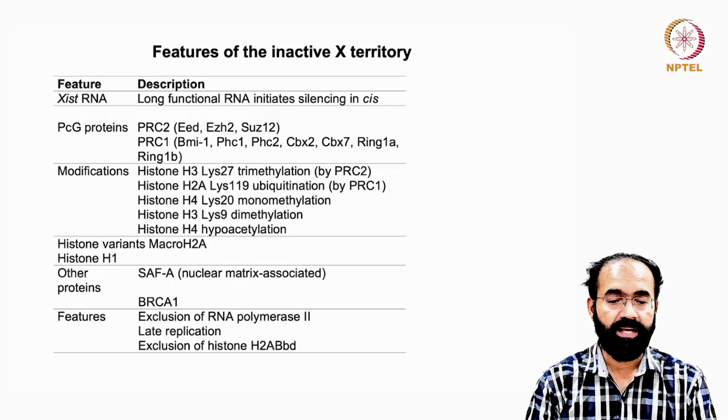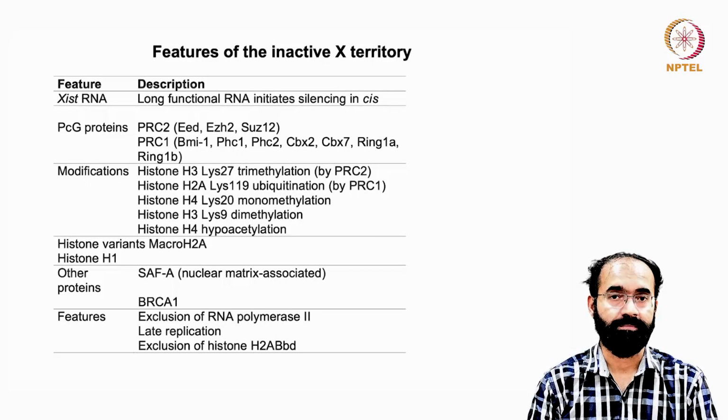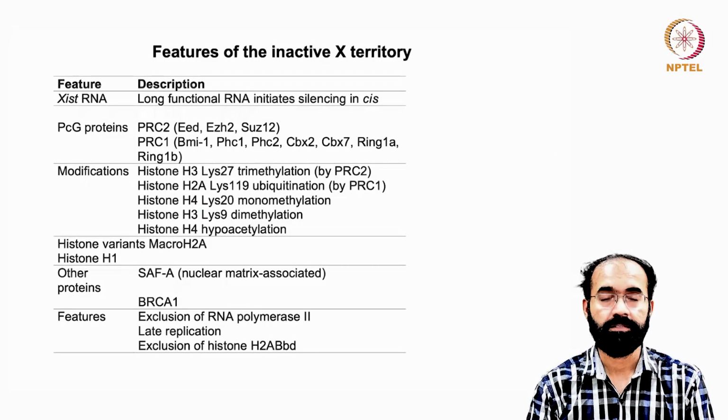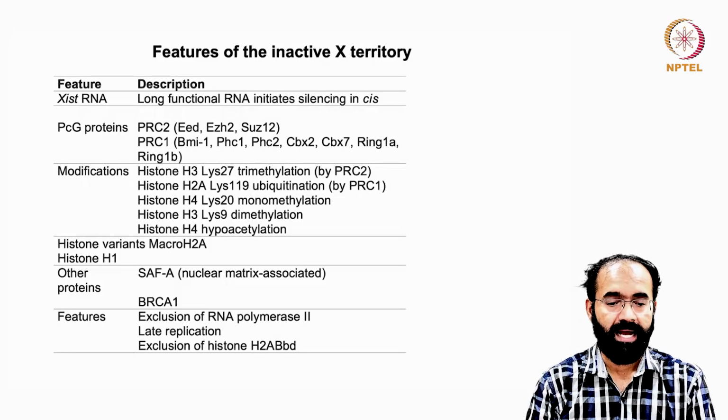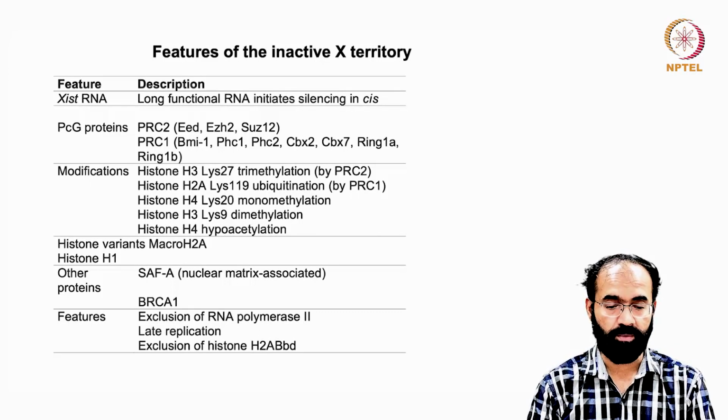The histone variant macroH2A is specifically seen in the Barr body, or this inactive X chromosome, and histone H1 is another feature that is seen associated with the inactive X chromosome. And there are other proteins such as SAF-A, which is a nuclear matrix associated protein, and also BRCA1, which is also seen to be associated with this inactive X chromosome.